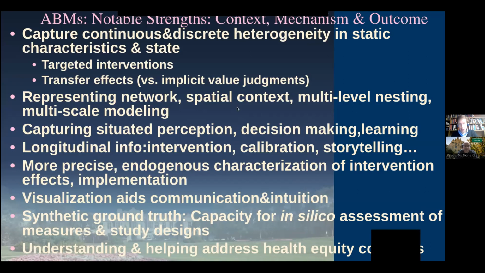We can represent network and spatial context, multi-level nesting, and multi-scale modeling. We can capture situated perception of individuals, learning over time and decision-making based on that perception, and do so with longitudinal information from the model that can be compared against comparable and, in some contexts, very widely available longitudinal information from the world. We can calibrate it against it. We can intervene based on this information.